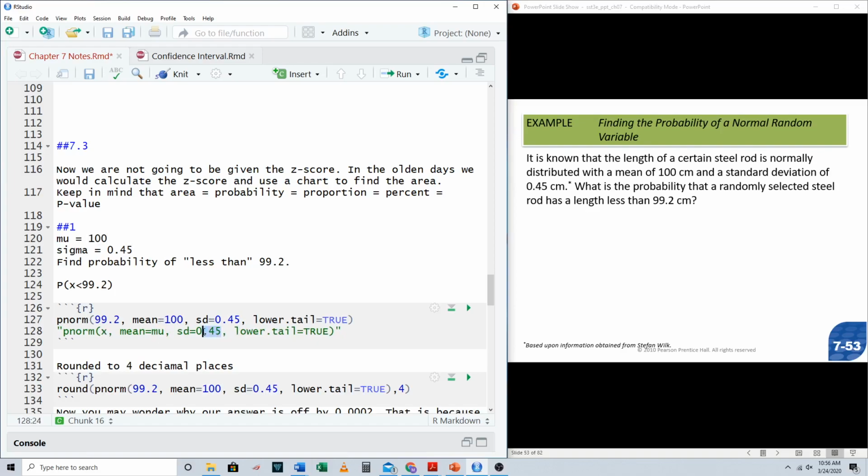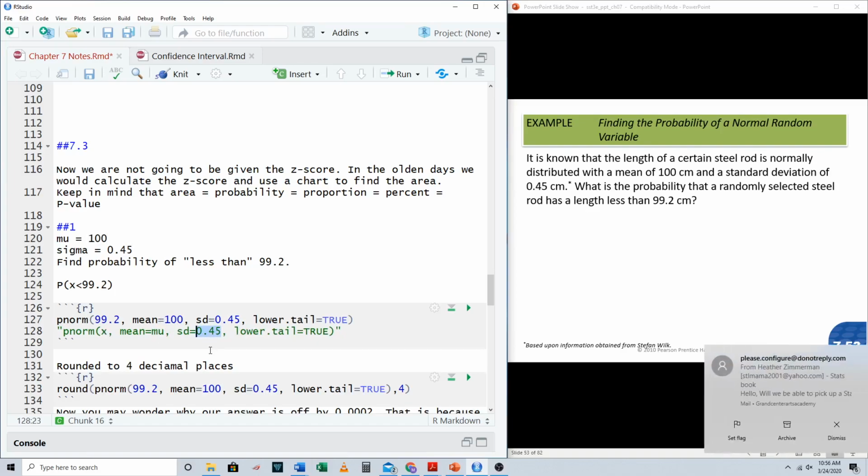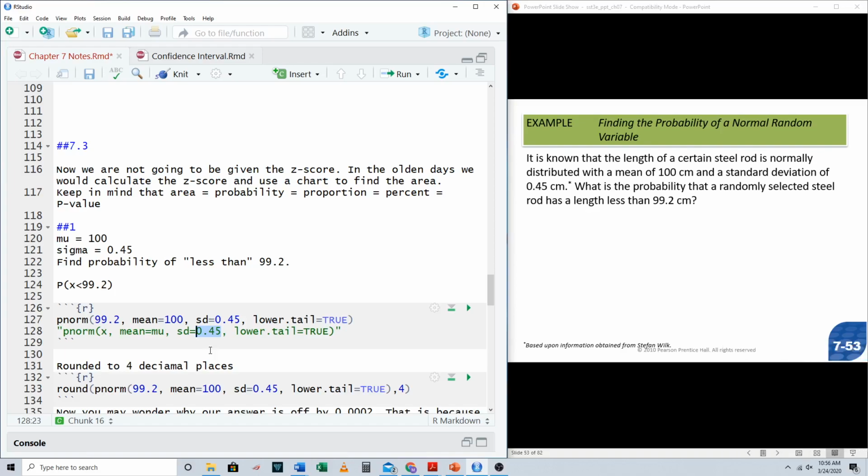The standard deviation. Right now, we're going to talk more about standard deviation, because we don't have a sample size. Sigma is your standard deviation. We don't have to worry about anything else. In chapter 8 or 9, we're going to have something different, where we're not given the population standard deviation.